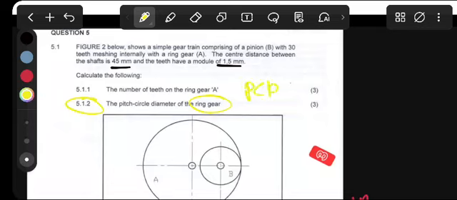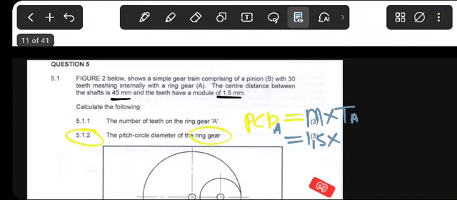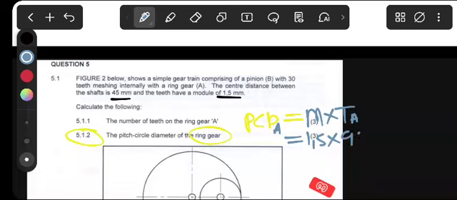The PCD is the module multiplied by the teeth of the ring gear, which is A. The module is 1.5 multiplied by the teeth we've just calculated, which is 90.